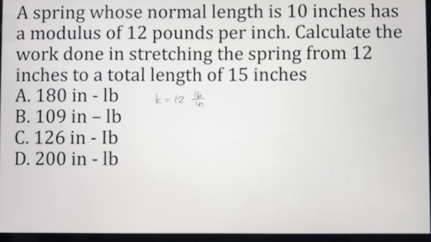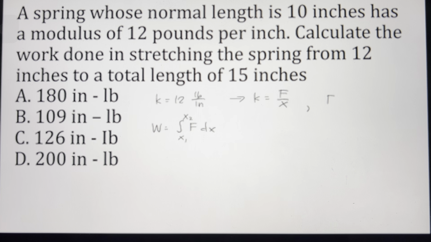So our formula for our work will be the integral of f dx from x1 to x2, where f here, as we all know, k is equivalent to f over x. So meaning our f will be kx. So k is 12 times x and then dx. And our x1 and x2 are deflection.